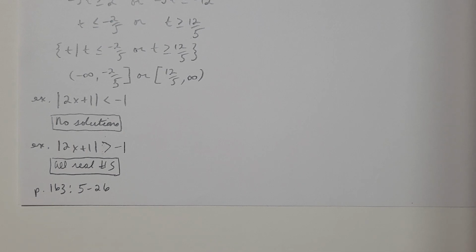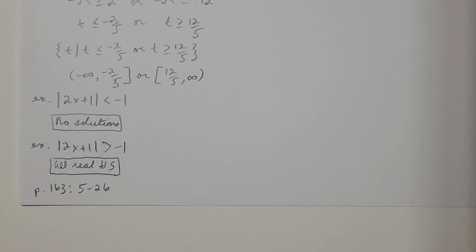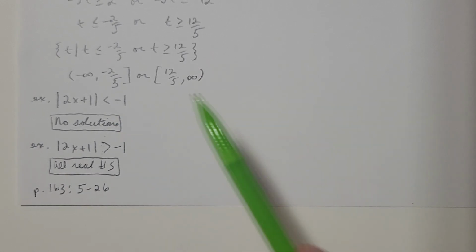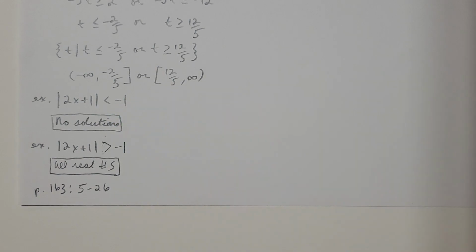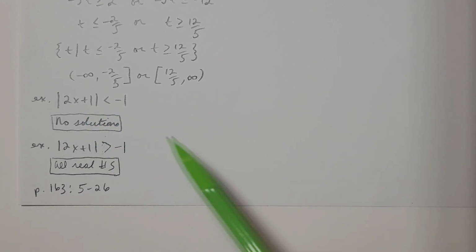X can be anything. And the left side is always going to be some positive value. The right side is -1. How many positive numbers are less than -1? None of them. Right? There's no positive less than a negative. So no solutions would be the answer.